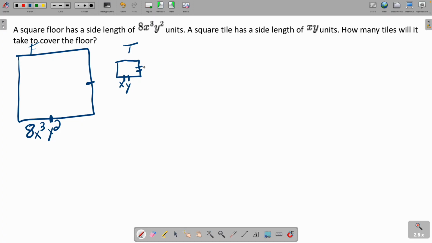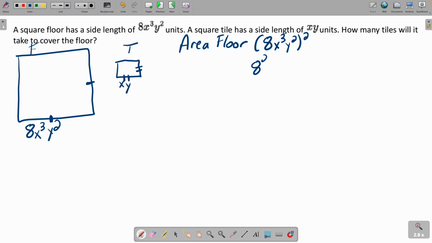It wants to know how many tiles it'll take to cover the floor. First, we're going to figure out the total area of the floor. Since it's a square, it's the side squared. So we would be taking 8x cubed y squared and squaring it. We apply that square to everything.